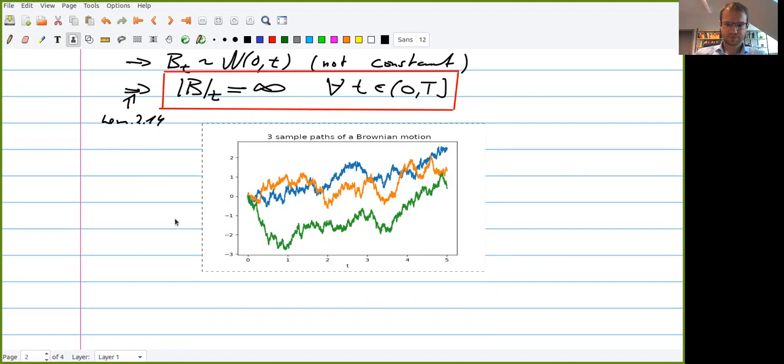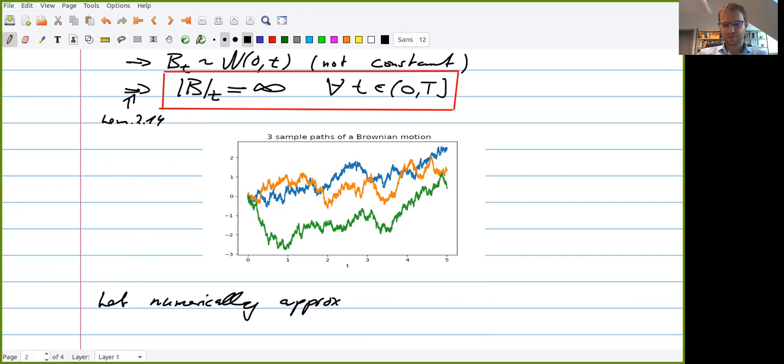And this is what you are invited to do in one of the programming exercises, if you're interested: numerically approximate the variation process of these sample paths.